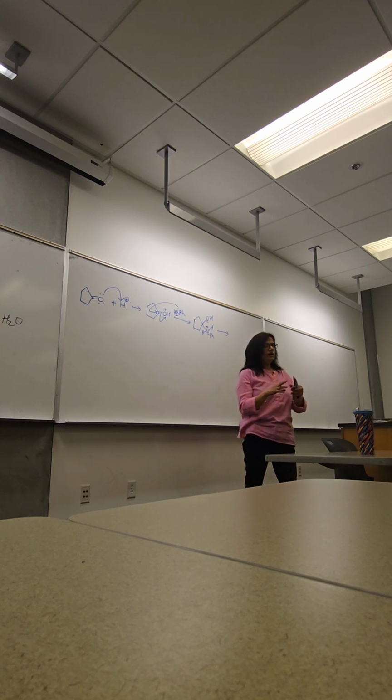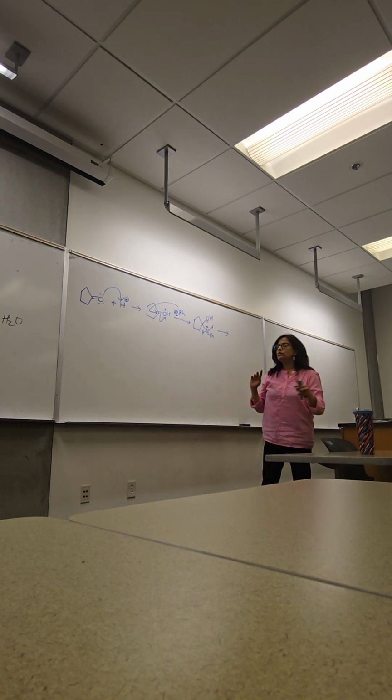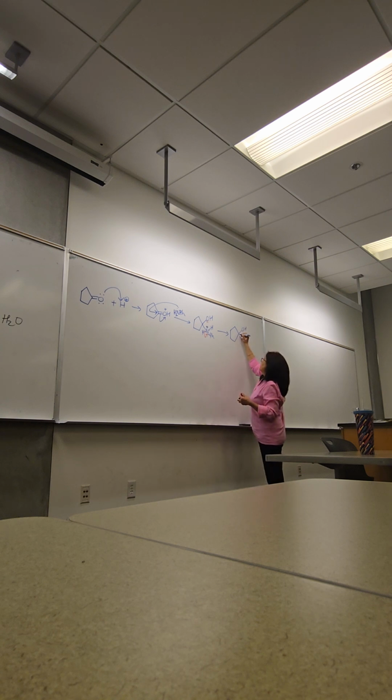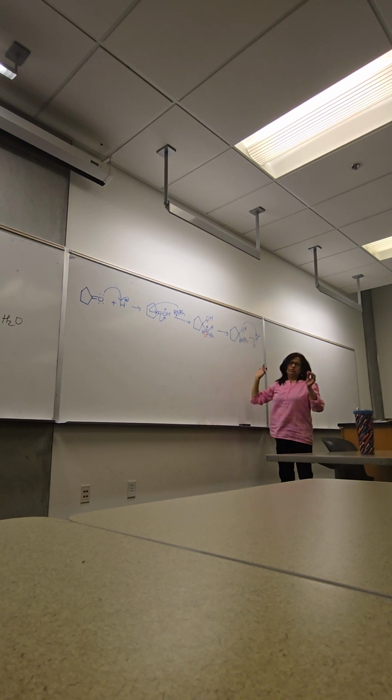Now, how do you show it? Again, there are different ways. People have their own versions. One option is, let's just do it one step at a time. Let's do that first, and then show that getting protonated again. Totally fine.